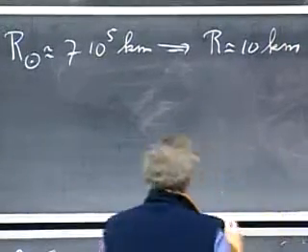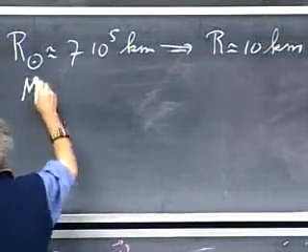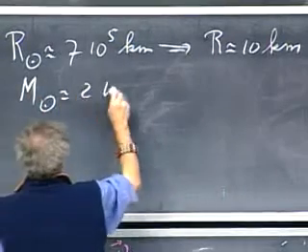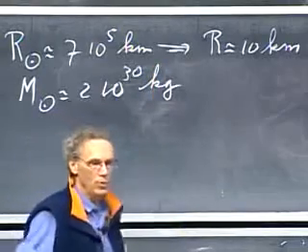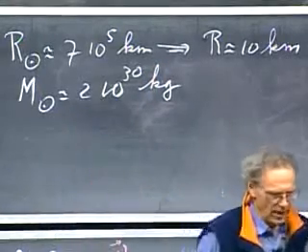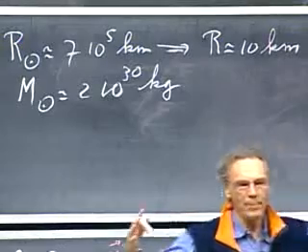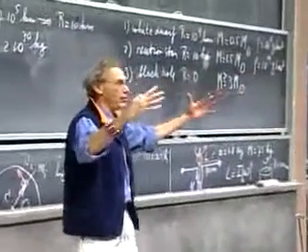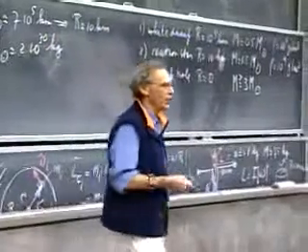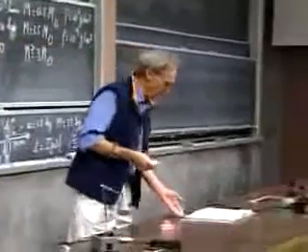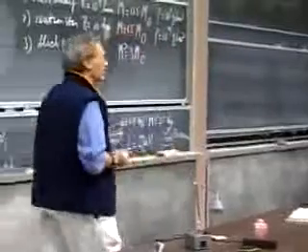The mass of the sun is 2 times 10 to the 30 kilograms. And for those of you who are good at math, they can calculate, when you collapse this object without losing any mass, you keep all the mass, but you shrink it to 10 kilometers, how much gravitational potential energy is released. And that is a staggering number.